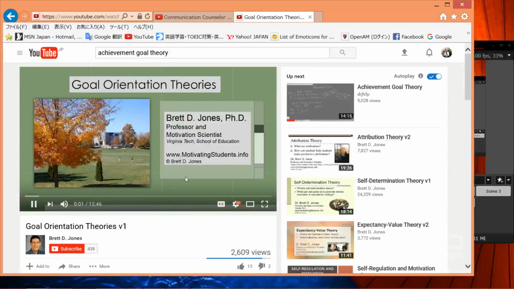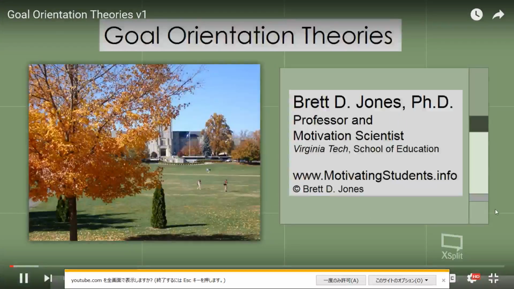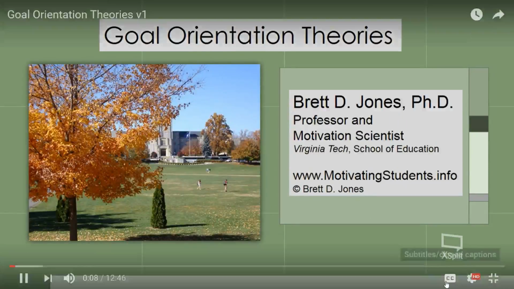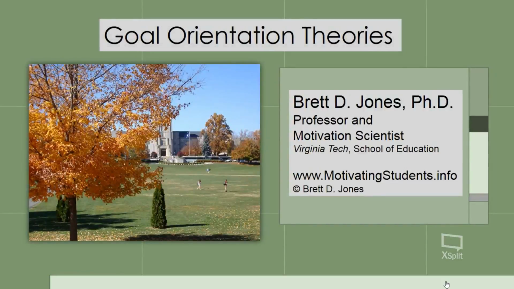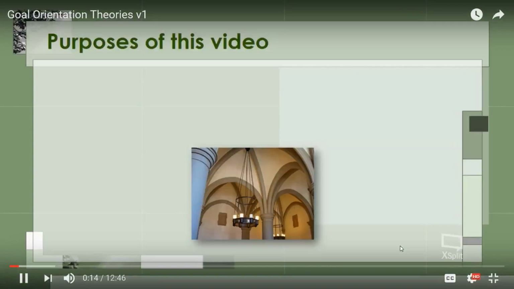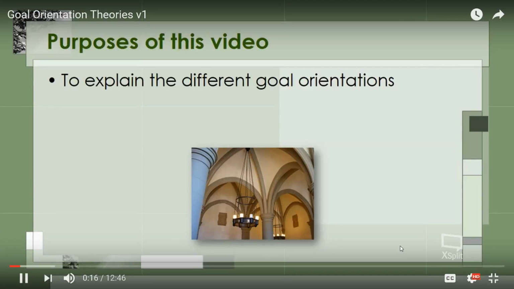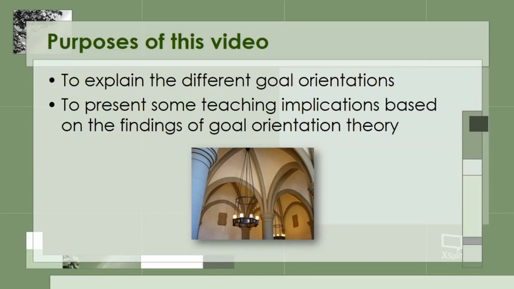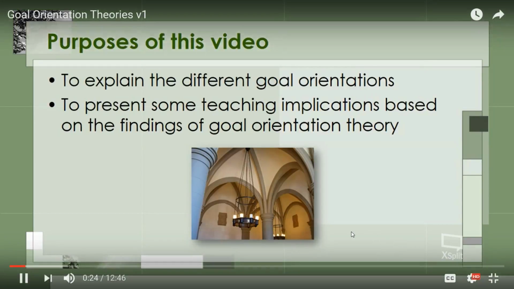Hi, I'm Brett Jones, and I'm a professor and motivation scientist in the School of Education at Virginia Tech. The topic of this video is goal orientation theory, which has been a popular theory in motivation over the past 2 or 3 decades. The purposes of this video are to explain the different goal orientations and to present some teaching implications based on the findings of goal orientation theory. So let's get started.